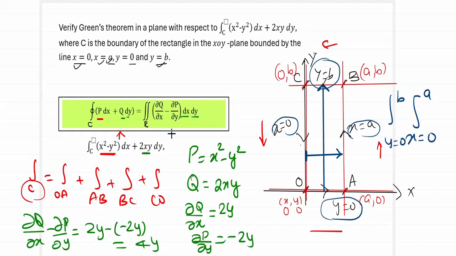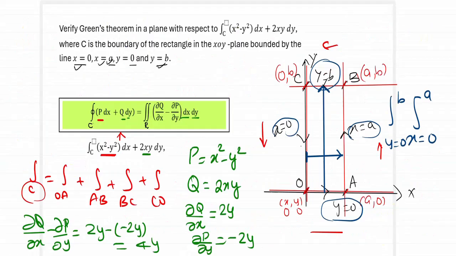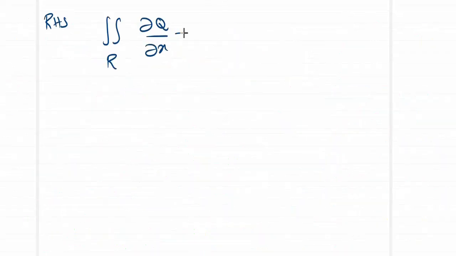Now we will substitute this for the required quantity. So the right hand side of my Green's theorem says double integral over R of (∂Q/∂x minus ∂P/∂y) dx dy.